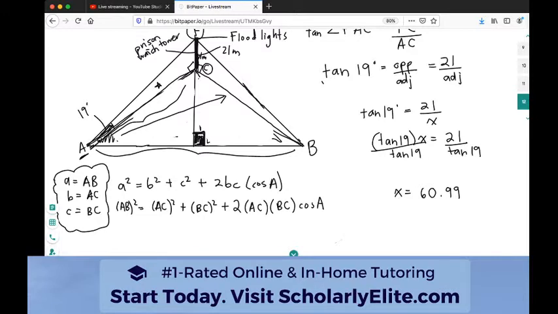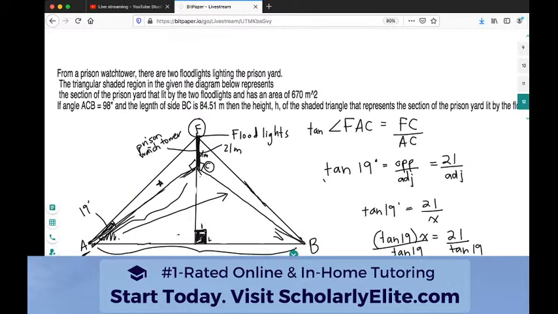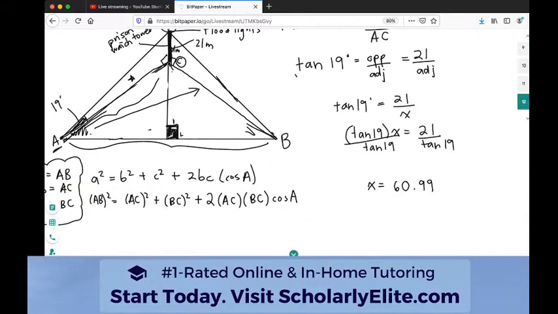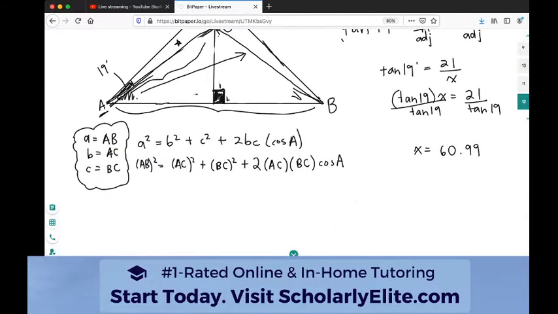Well, we're substituting 60.99 for AC, 84.51 for BC, because we already had that information. It's up in the beginning. Yes, the side length BC is 84.51. Wonderful. And we're going to substitute 98 degrees right here. Let me just make sure that we've got that part there.